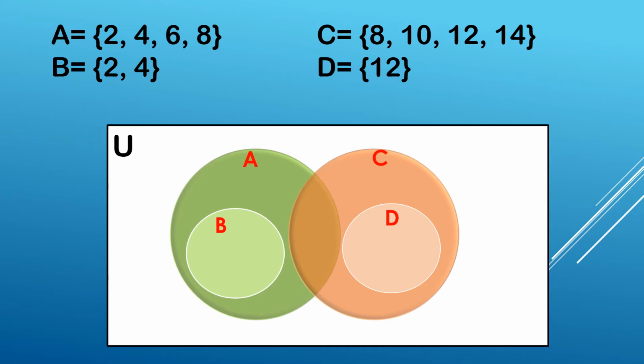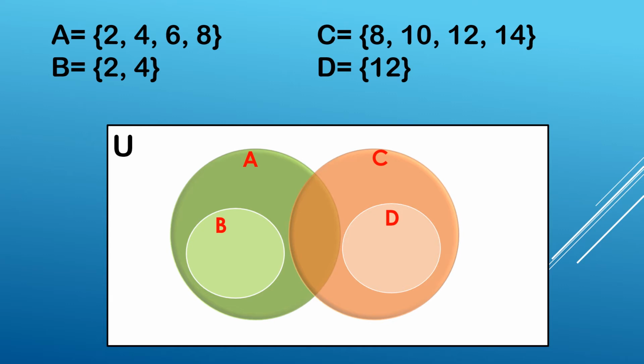So we will try to look at set A and set B. Ano ilalagay natin dito kay set B? So tandaan natin na si set A contains siya ng elements 2, 4, 6, 8. At saka si set B naman may elements na 2 at 4.